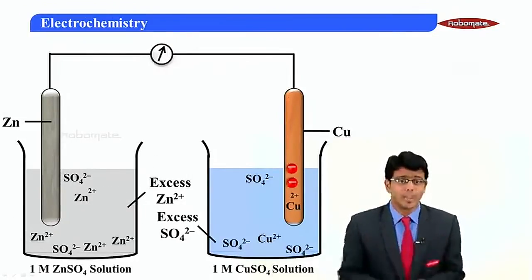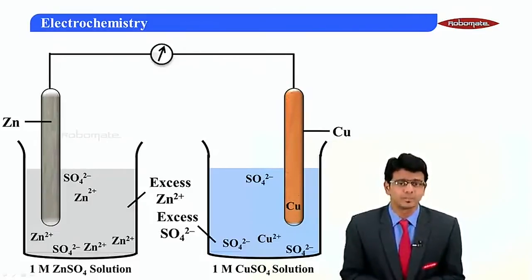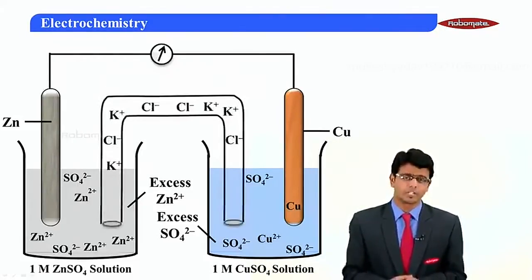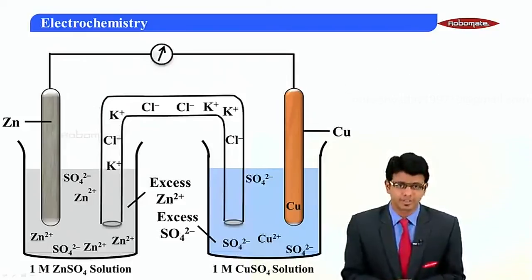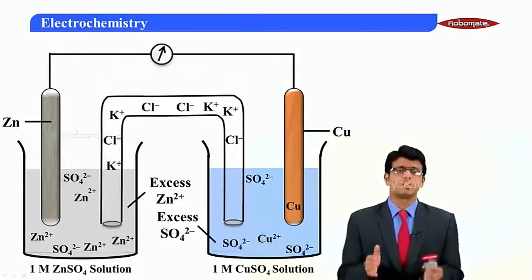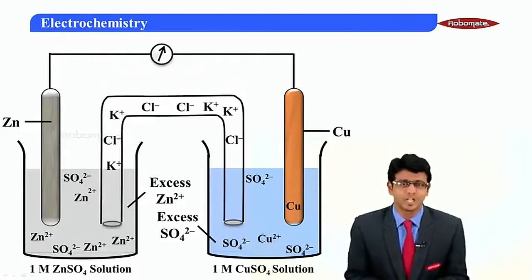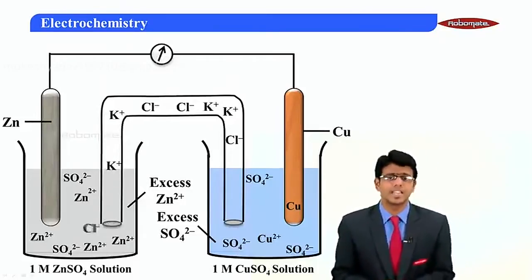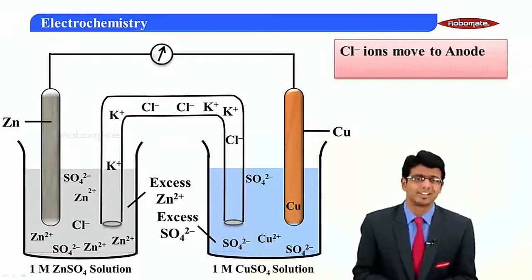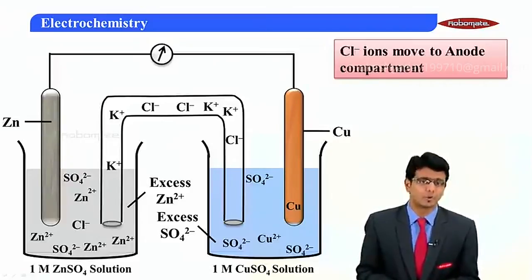So in order to maintain electrical neutrality, the salt bridge is introduced. The salt bridge consists of positively and negatively charged ions. So Cl minus ions move to the anode compartment.